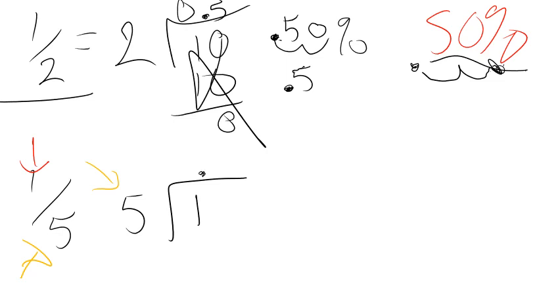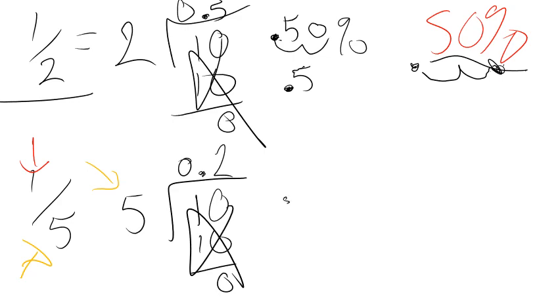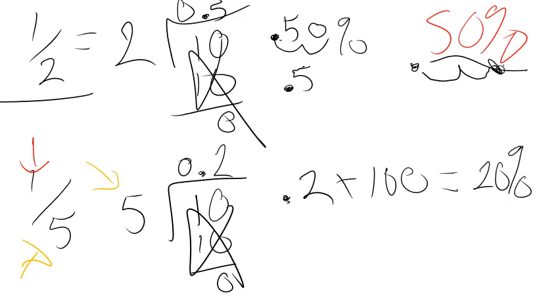It doesn't work, add it, 5 goes into 10, you get 0.2, solid there, so 0.2 times 100 equals 20%. Okay, just like that. A lot of people are overthinking these things. If you need to, refer to the video, refer to your notes.